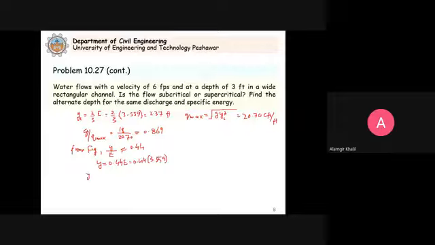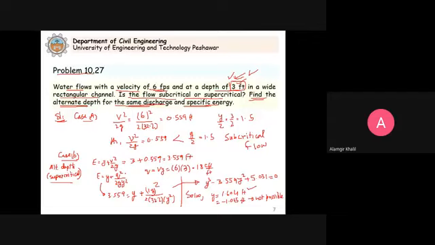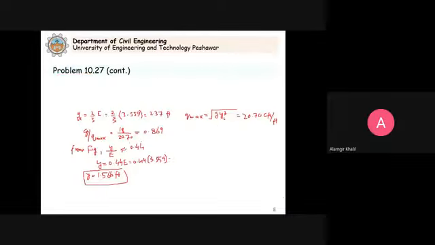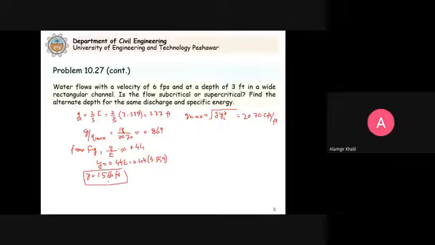So from here, this y will be equal to 1.566 feet. So now this is the depth. Now 1.566, here it is 1.604. So it is close. This is because you need to read these values correctly from the graph. So this depth is 1.566.